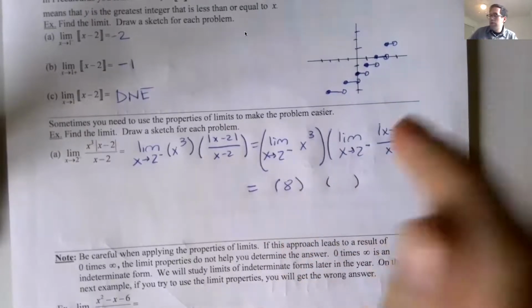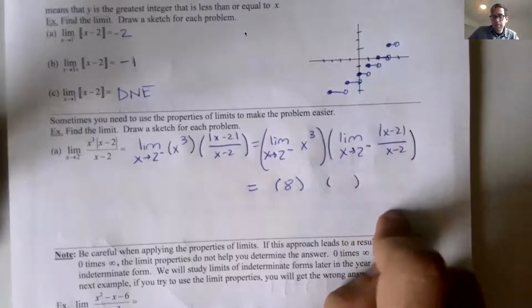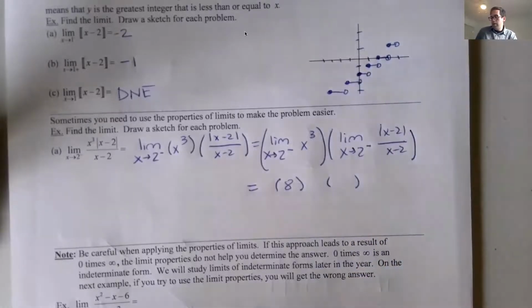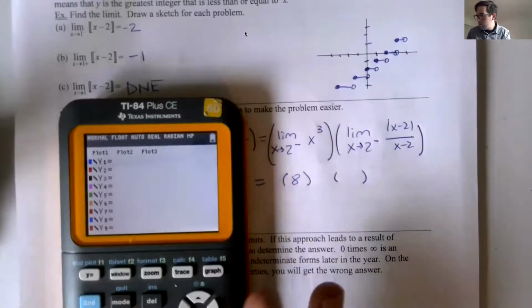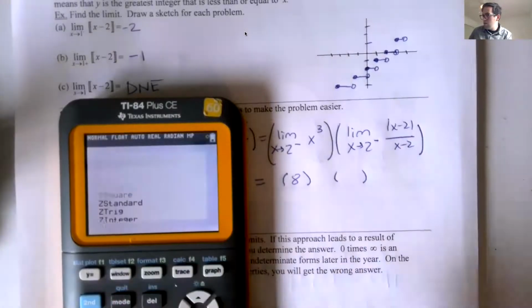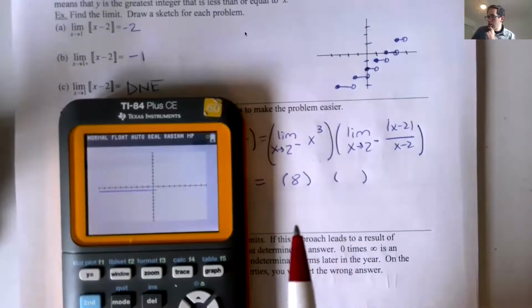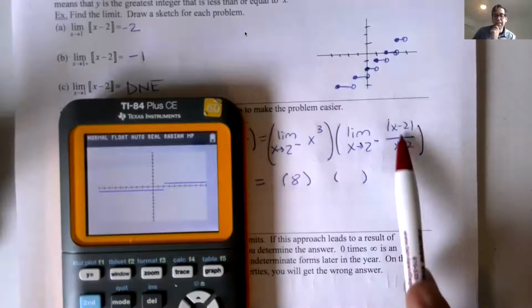And then what do we do with this one? So approaching 2 from the left of absolute value of x minus 2 over x minus 2. If you're not sure, let's take a look at the graph. I'm going to plug that in really quick here. And so it's really like dividing something by itself.